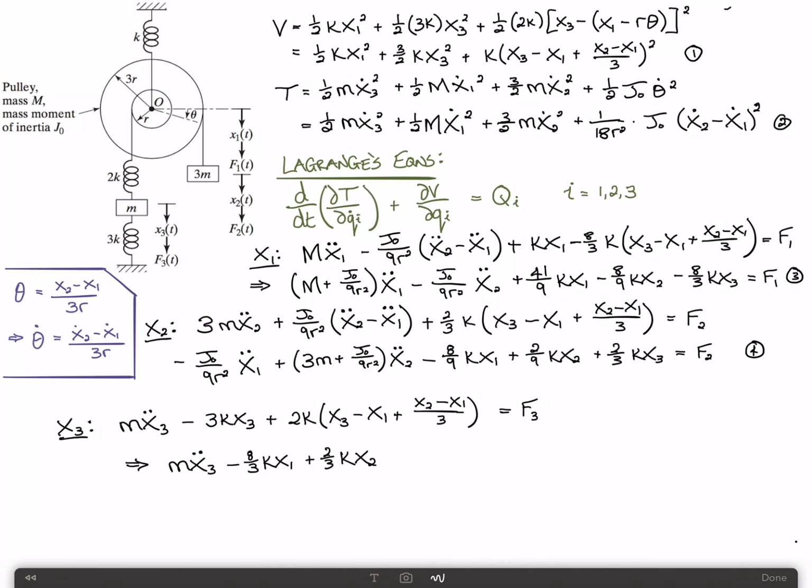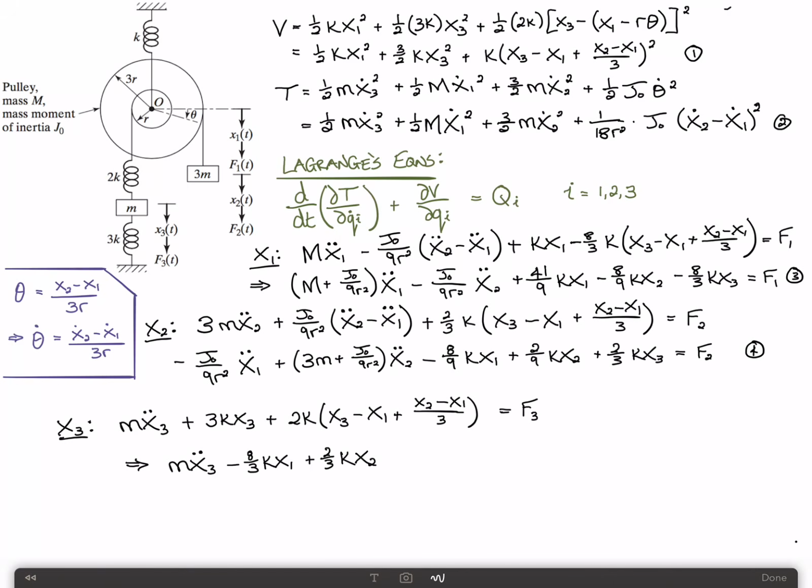And for x3, I've got minus 3, and oh, I made a mistake. That's not a minus 3, that's a plus 3. Excuse me, my bad.